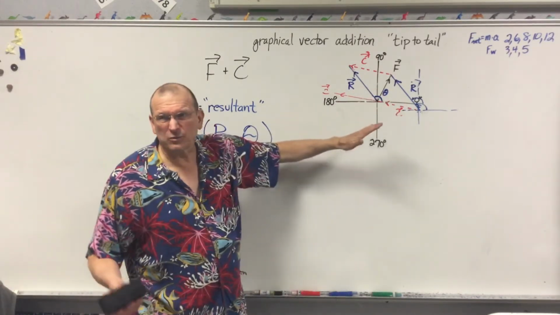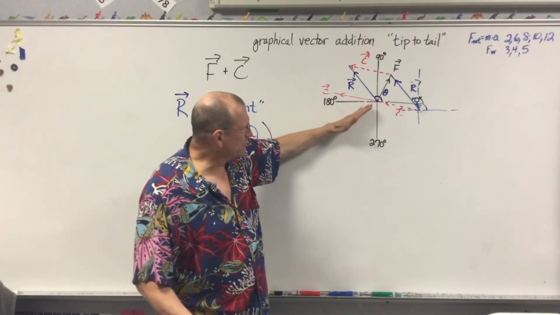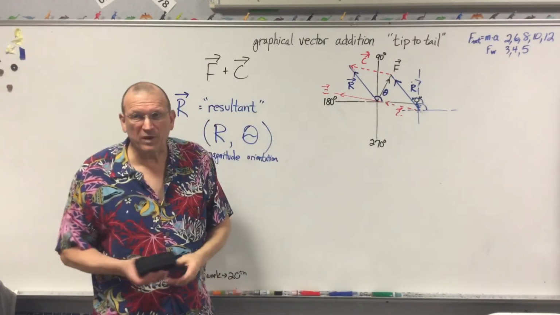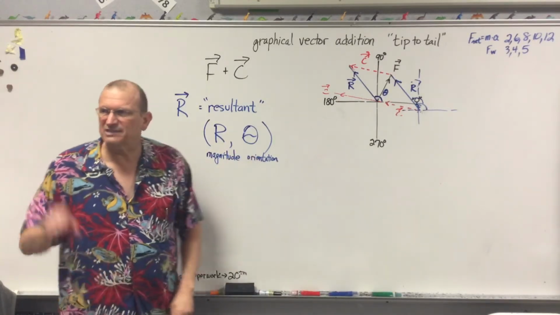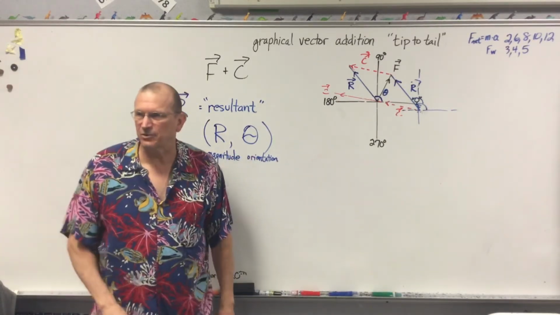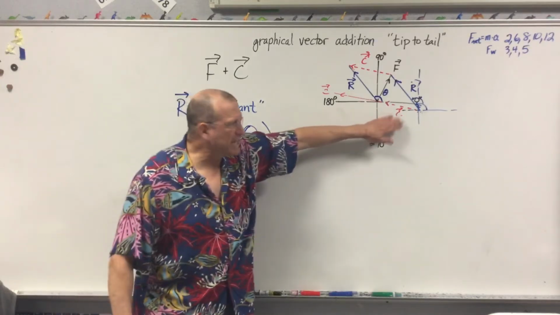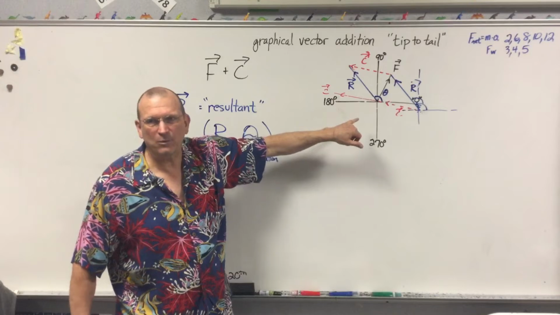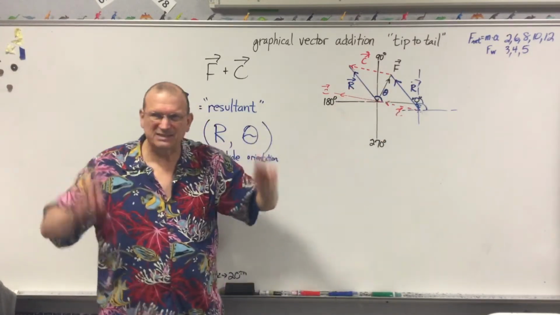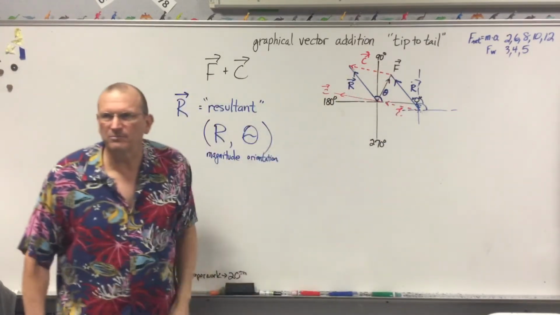If your answer, for some reason, ends up pointing in the third or fourth quadrant, remember the one thing I am restricting you to when it comes to your angular measure is 0 to 360 degrees. So, no negative degrees going down through here. You may measure it that way, but you gotta convert it into a positive number of degrees measured around from 0.